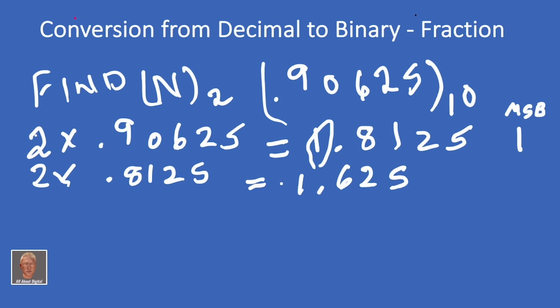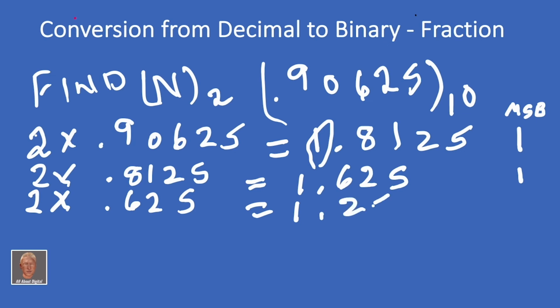And since there's a 1 again right here, that 1 will go over here. That's our next bit. We take the fractional portion, 0.625, multiply it by 2. That's equal to 1.25. Again, there's a 1 there, so there's another 1. This 1 translates to a 1 right there.